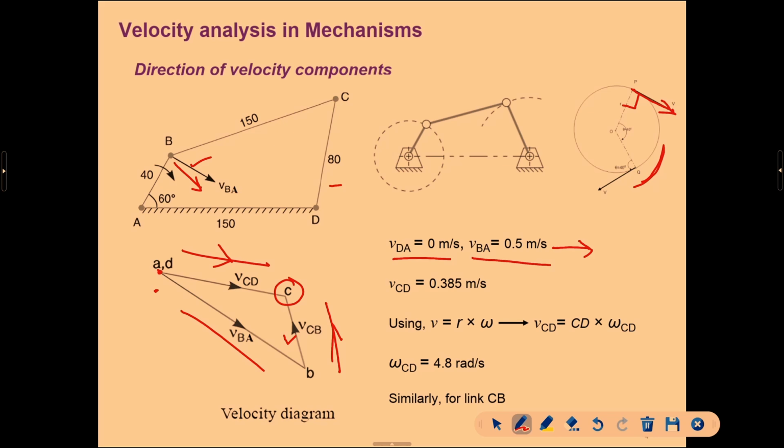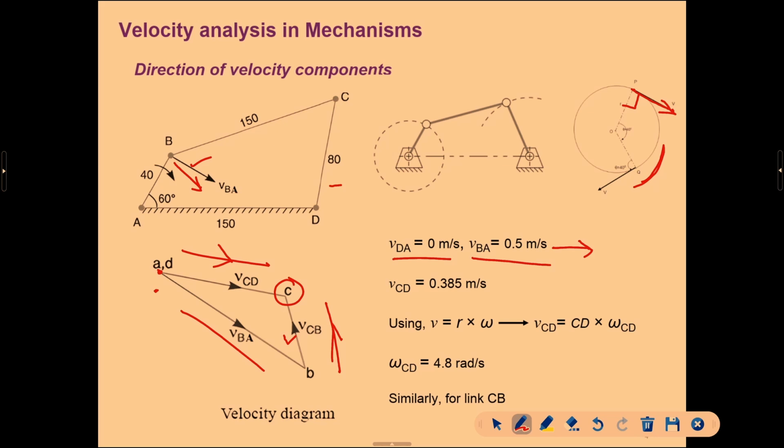The data in the velocity diagram represents the linear velocity, right. All of the velocity diagram represents linear velocity, and we have to use the linear and angular velocity relation to convert back and forth. Now, the complete velocity diagram has been drawn.